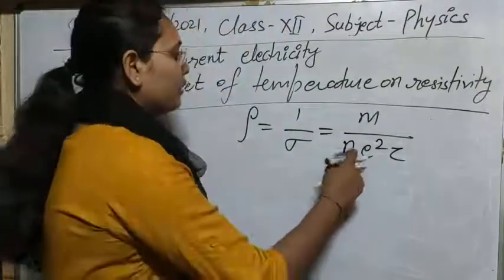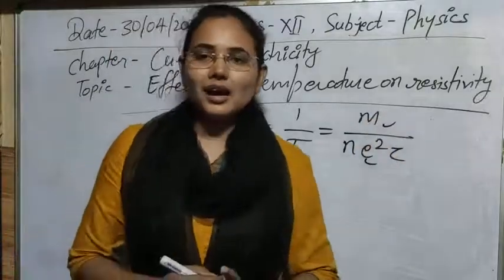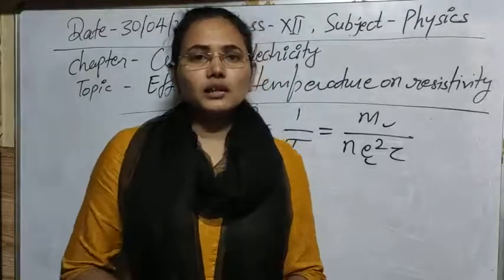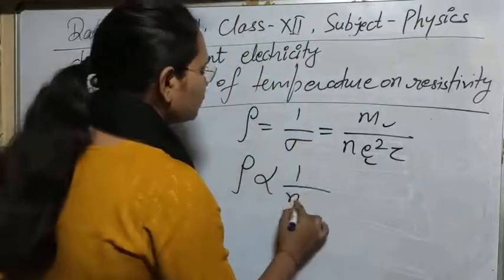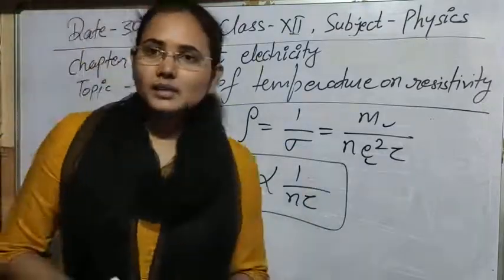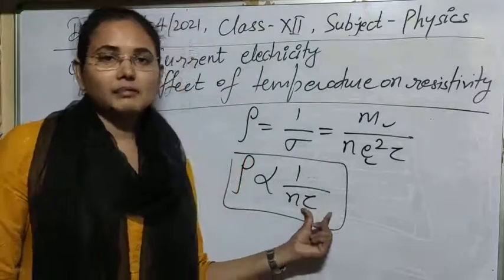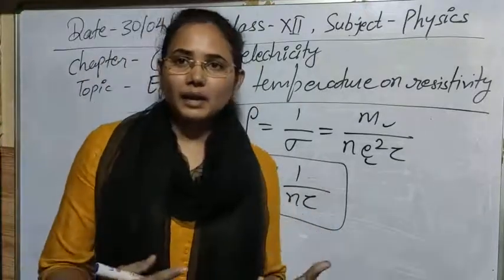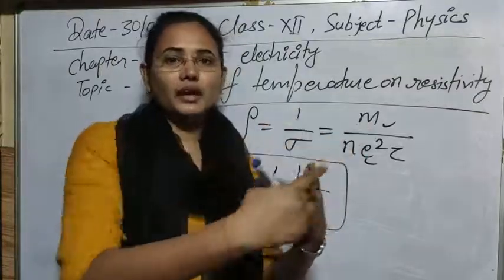Now in this formula, m and e are the mass and electronic charge of the particle, so these are constant quantities. It means that rho is inversely proportional to n and tau, where n is the number density of electrons and tau is the average relaxation time that a charged particle takes to move from one end to another.